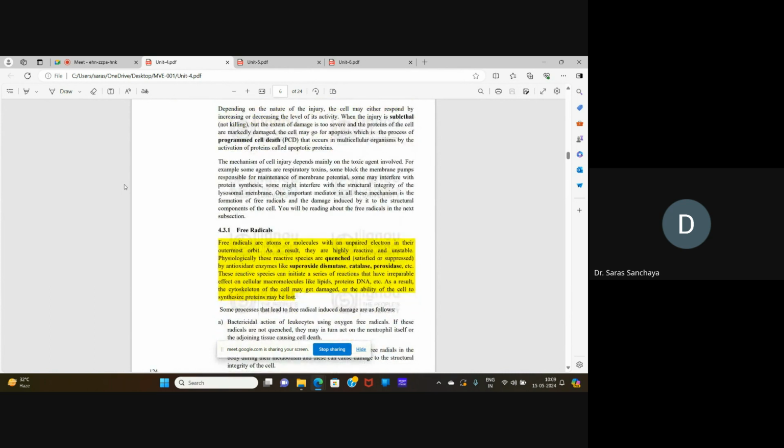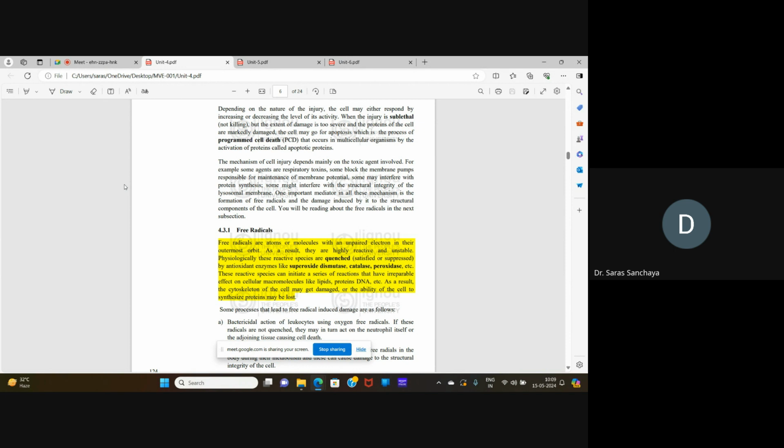Now free radicals are atoms or molecules with an unpaired electron in their outermost orbit. As a result, they are highly reactive and unstable. Physiologically, these reactive species are quenched, meaning satisfied or suppressed, by antioxidants like superoxide dismutase, catalase, peroxidase, etc. So normally these free radicals are neutralized by these enzymes.